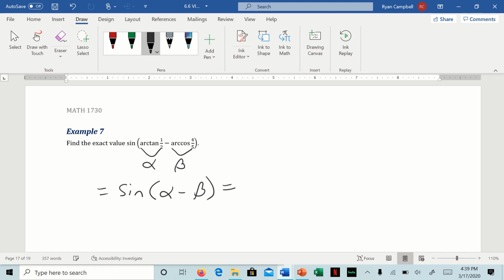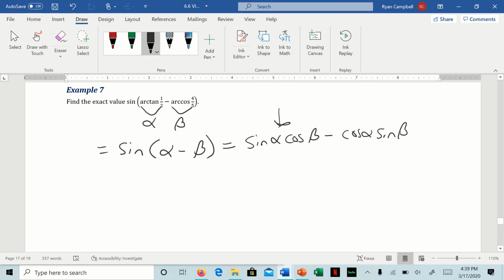So if you go back in your notes, this will be one of the first equations we talked about in this section. We see that this ends up being the sine of alpha times the cosine of beta minus cosine of alpha times the sine of beta. So this is what we need to figure out. And this is doable. And again, this just comes from the formulas that I'll give you on the test.